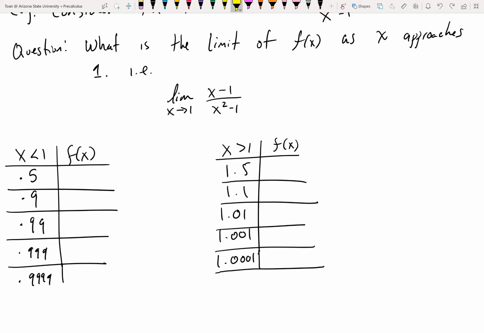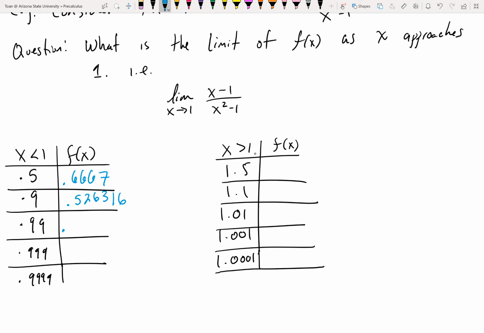I'll save you guys some time. I did it beforehand. But all you're going to do is, one at a time, take these x values, plug into x, and see what you get. So let's do 0.5. If we plug in a 0.5 into the function, you're going to get 0.666 repeating, so let's say 0.667. Plug in a 0.9, you're going to get 0.526316.